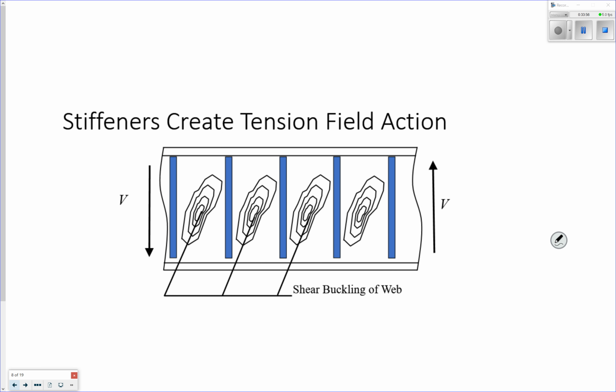The stiffeners, however, could create something called tension field action, which would actually provide additional shear strength after the web buckles.